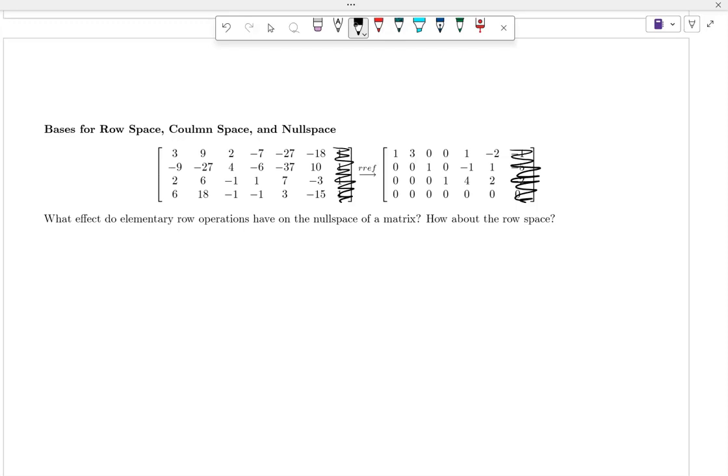Okay? So the questions are, what do elementary row operations do to the null space? Well, how do we find the null space? The null space, again, is the set of solutions to the homogeneous system. So what do you do to find the null space of the matrix? Not a trick question.